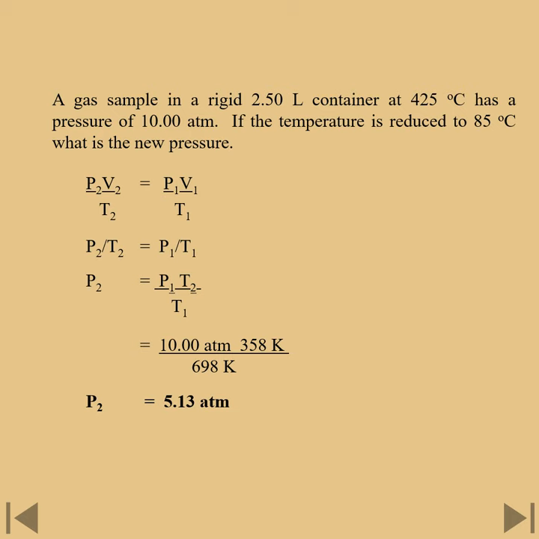And I come up with a much reduced pressure. Does that match our data? Yes, we have a much reduced temperature, so that does match our data. And again, that word rigid told us that the volume was going to be constant. A rigid container. Volume is not changing.